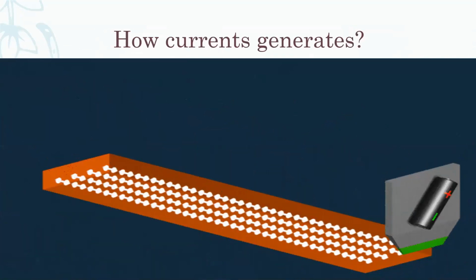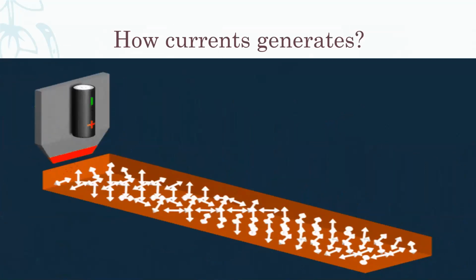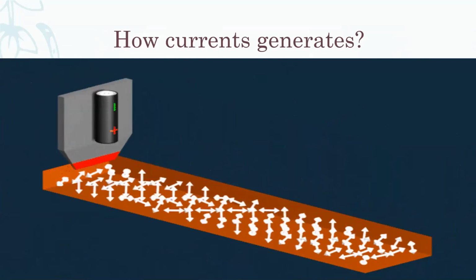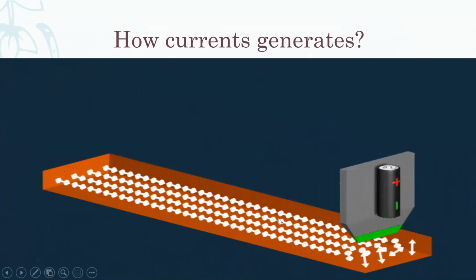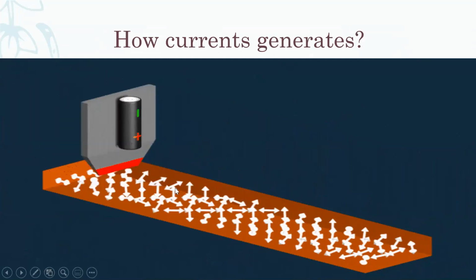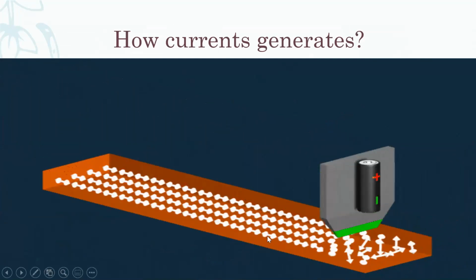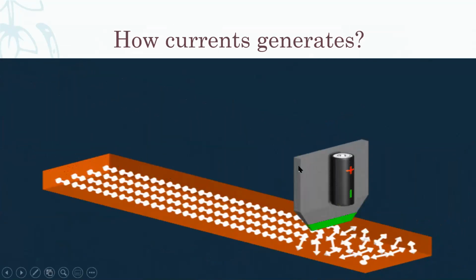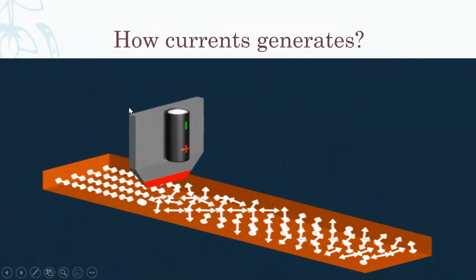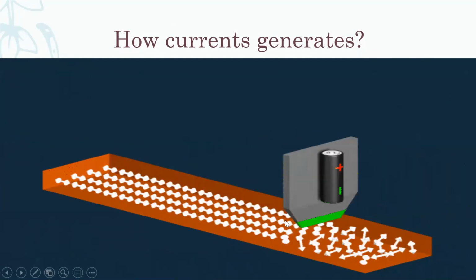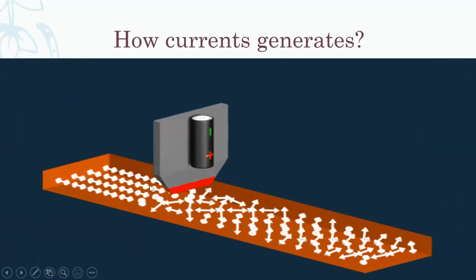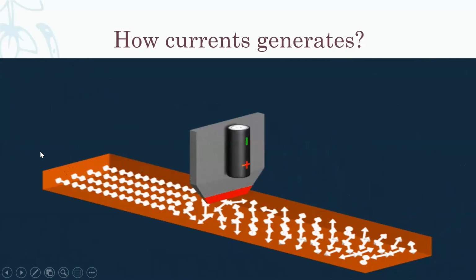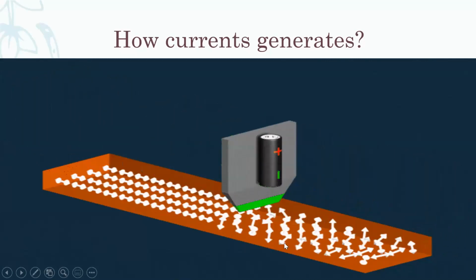From this figure, things will be quite clear to you all about how the current is generated in pulses. You can see here, this is the cross-section of a magnetic material, and these are the atoms and molecules present in this material. If you apply the external magnetic field, if you bring the positive terminal of the battery closer to the magnetic material, you can see that all the atoms are aligned, and it will generate the current.